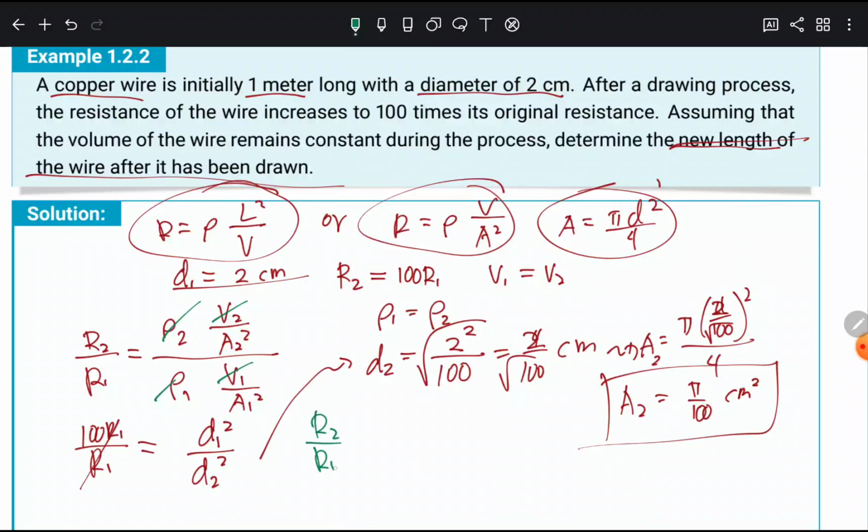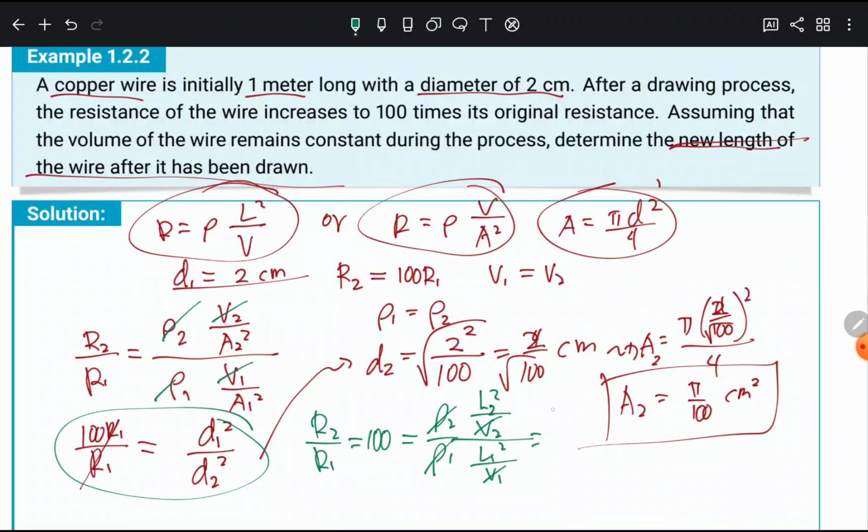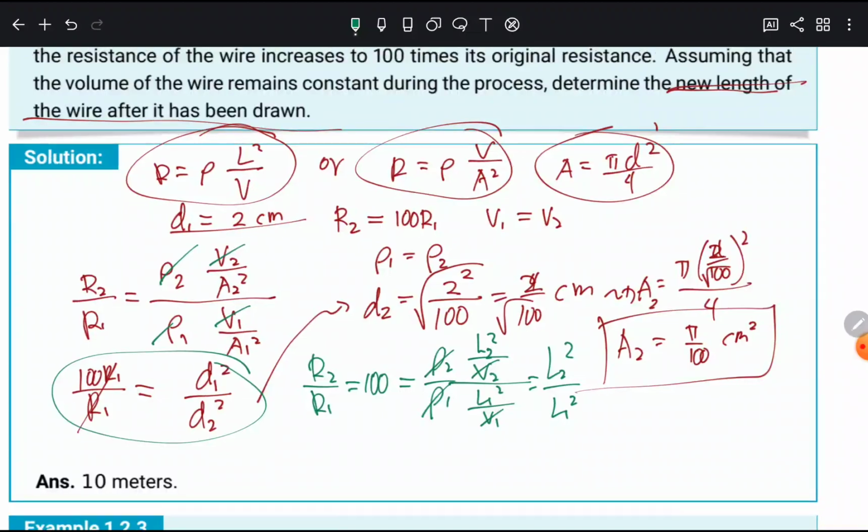R2 over R1, which is equal to just 100, and this will be equal to rho 2 all over rho 1, L2 squared all over V2, L1 squared all over V1. Then cancel out rho 2 and the volume. Then we have just L2 squared divided by L1 squared.